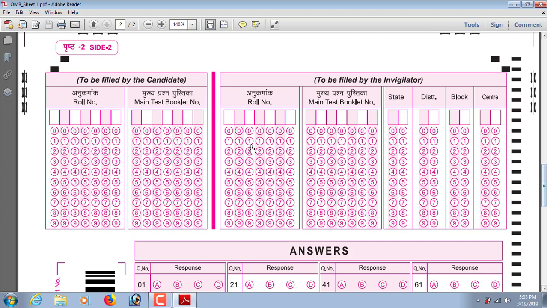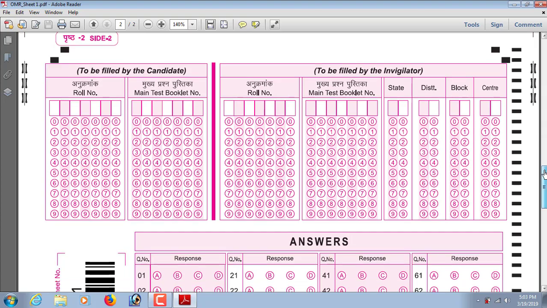This will be filled only by the candidate, like the roll number and the main test booklet number. If you write number 1, you encircle only 1. If you write 2, you circle only 2. We have seen before how to fill these circles. Do it carefully, it should not be incomplete.